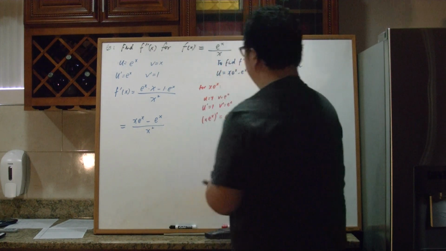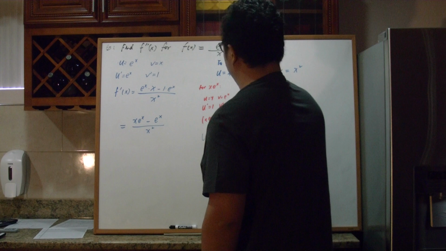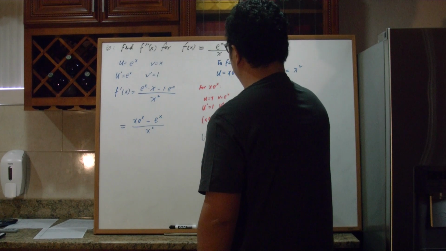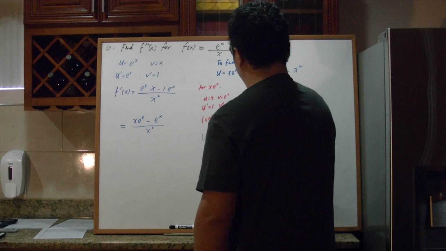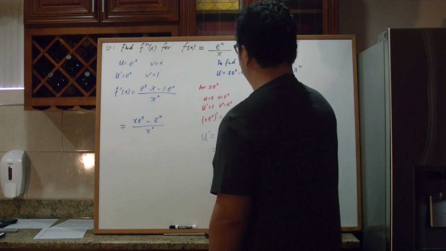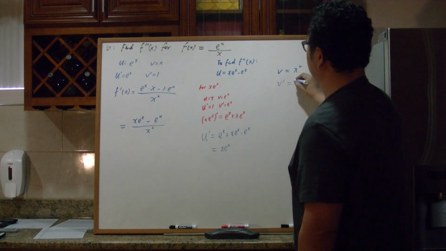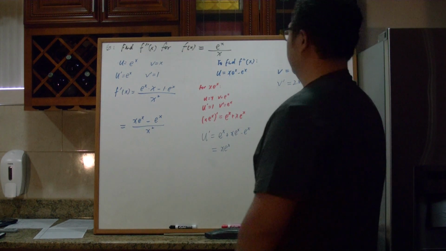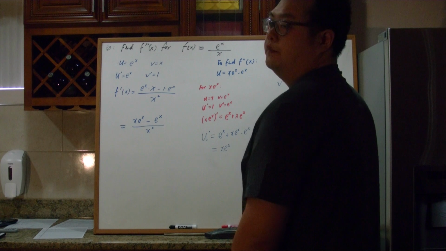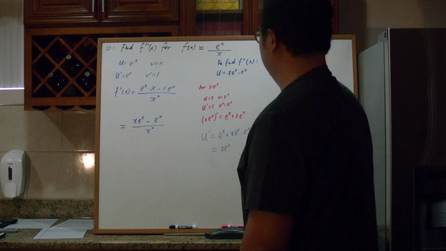Right, in that step in the middle, therefore our u prime is e to the x plus x e to the x minus e to the x. That is still x e to the x. Our v prime is 2x. A little trick here in that one.